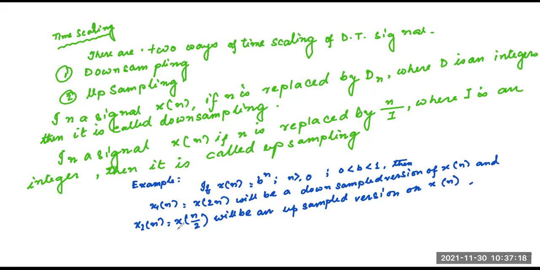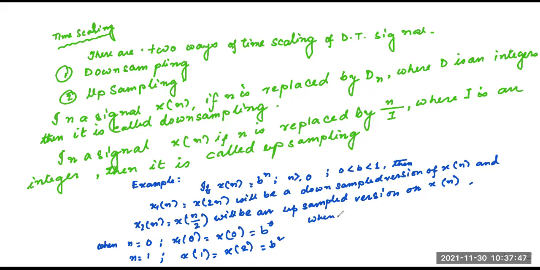Let us write. When n equals 0, x1[0] equals x[0], that is equals b to the power 0. When n equals 1, x1[1] equals x[2], that is equals b square.